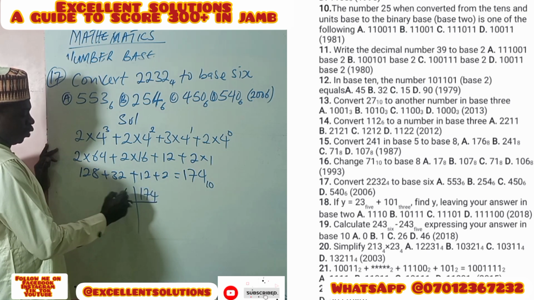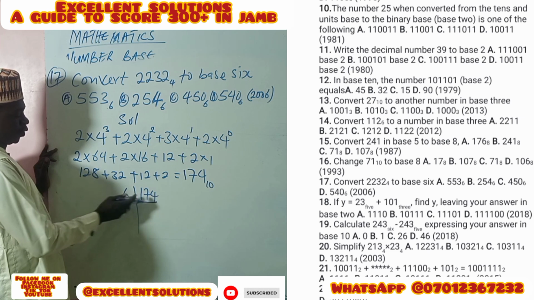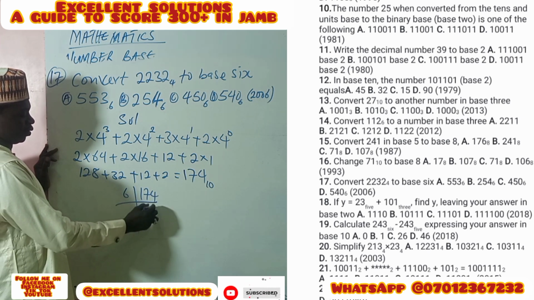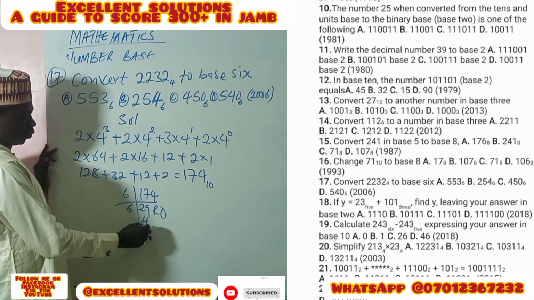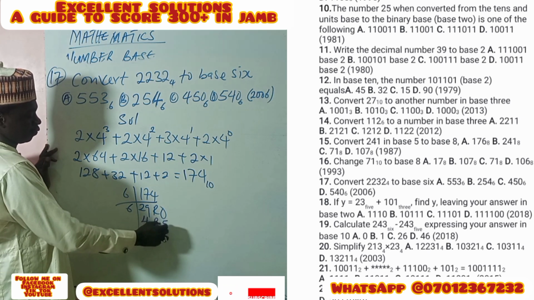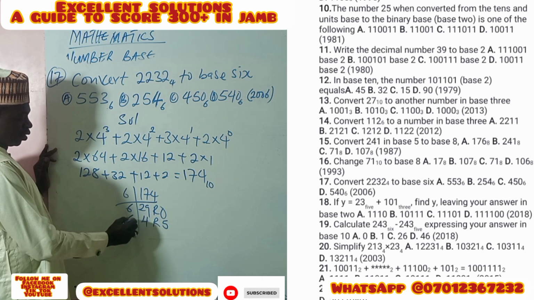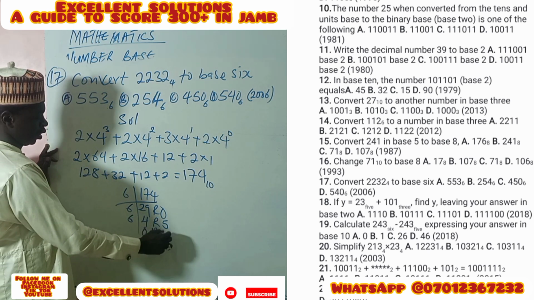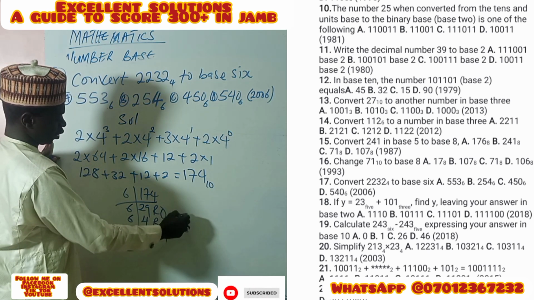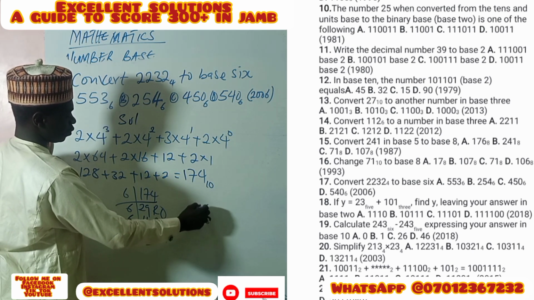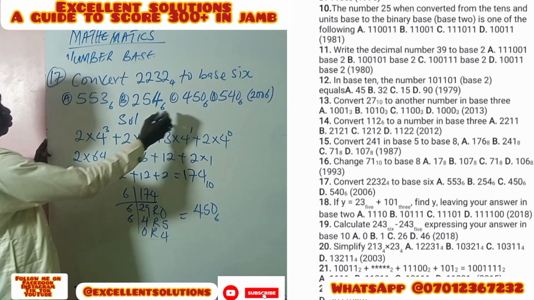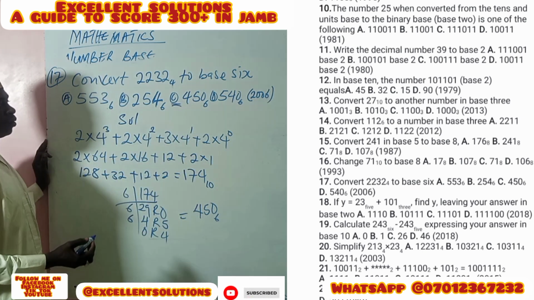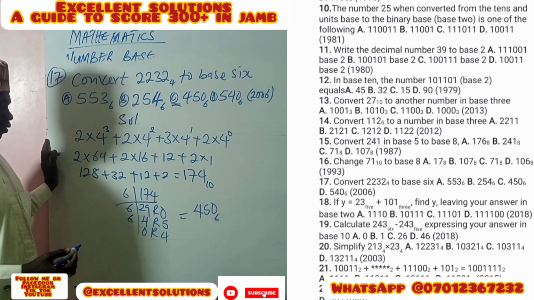If we divide 174 by 6, we have 29 remainder 0. 29 divided by 6, we have 4 remainder 5. 4 divided by 6, we have 0 remainder 4. So if we take this, it gives us 450 base 6. If we look at our options, option C, we have 450, and this is the answer.